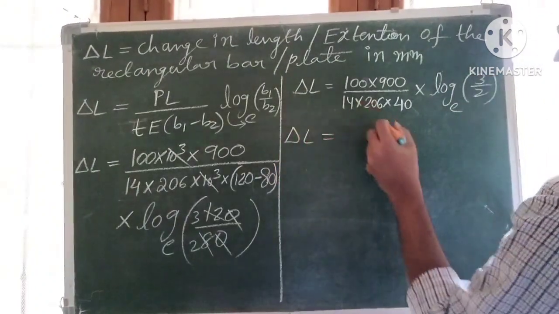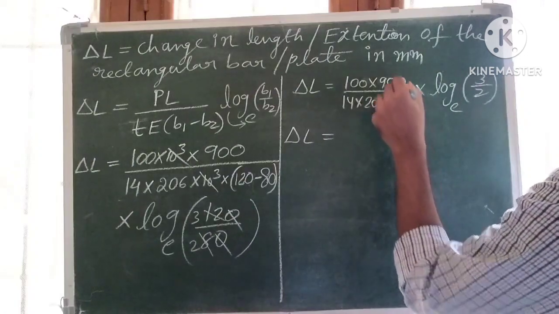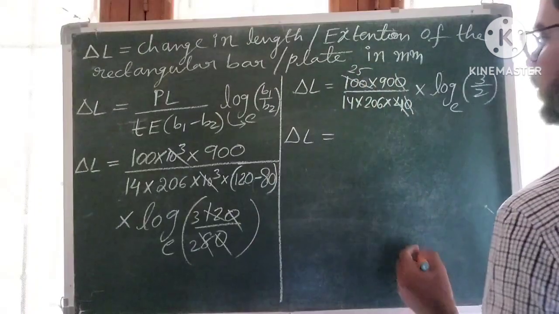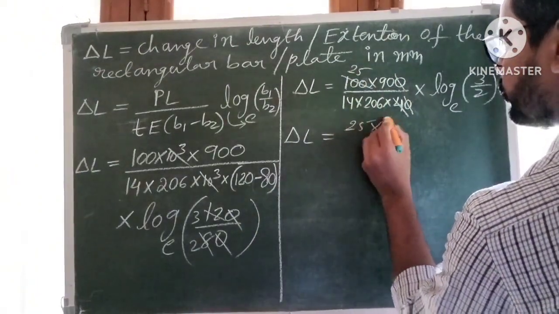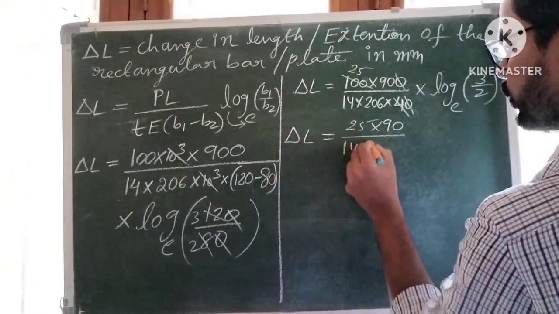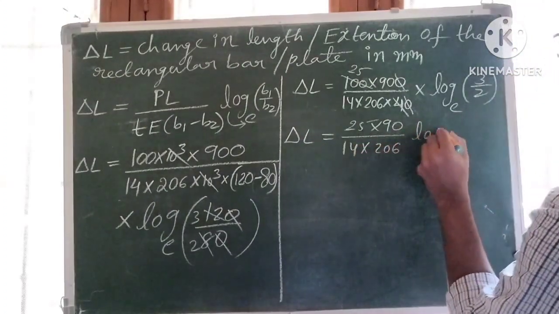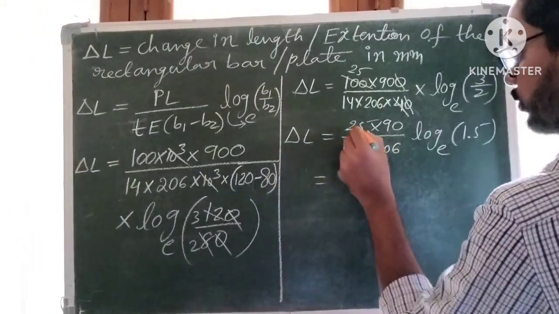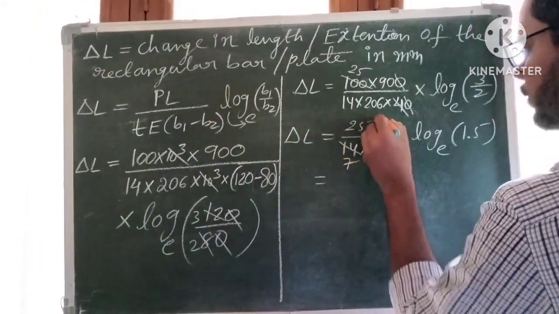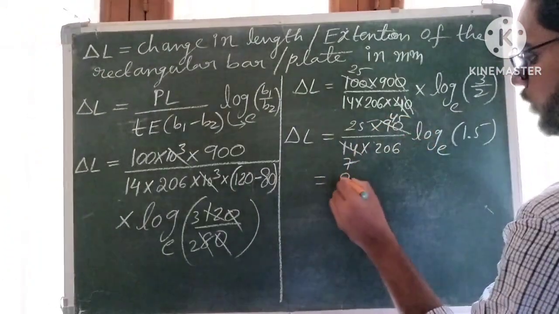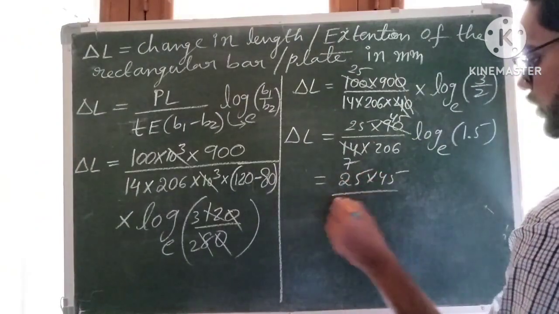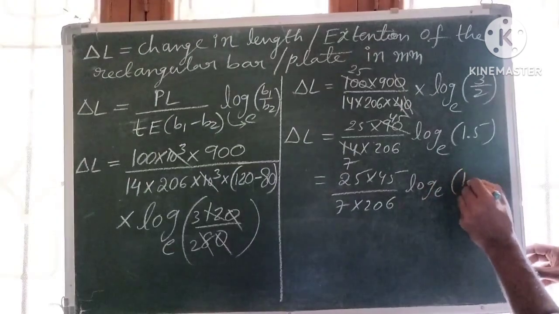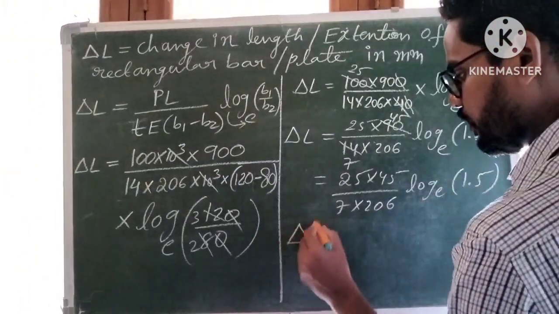Delta L is equal to, 0 get cancelled, 4 1s 4, 25s 100, 25 into 90 by 14 into 206 log 1.5, 3 by 2 means 1.5 to the base e. 2 7s 14, 2 45s 90, 25 into 45 by 7 into 206 log 1.5 to the base e.